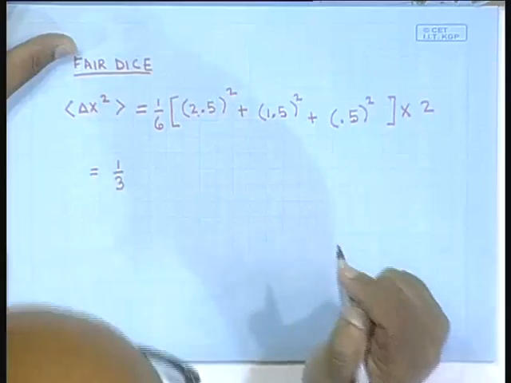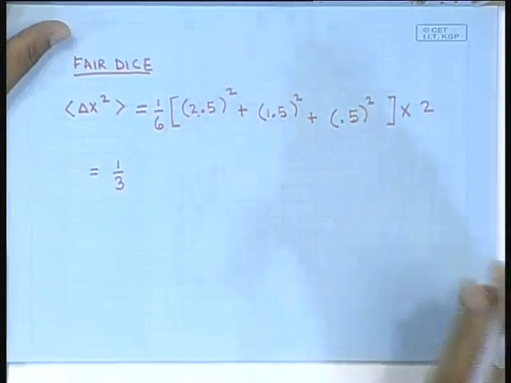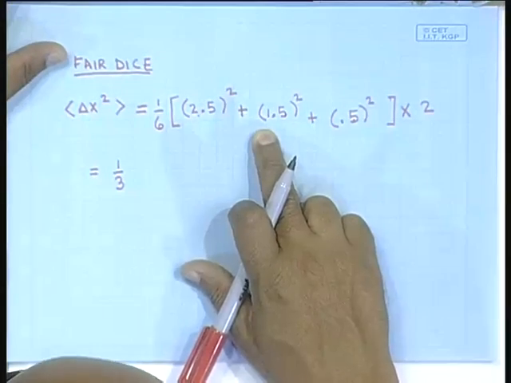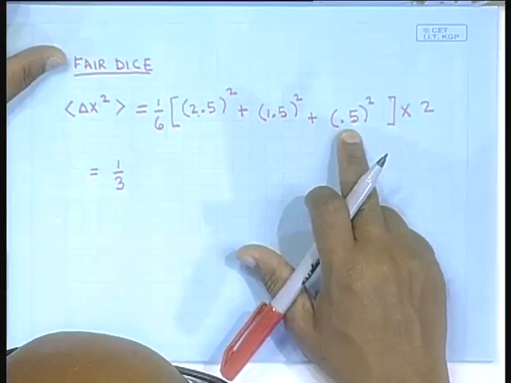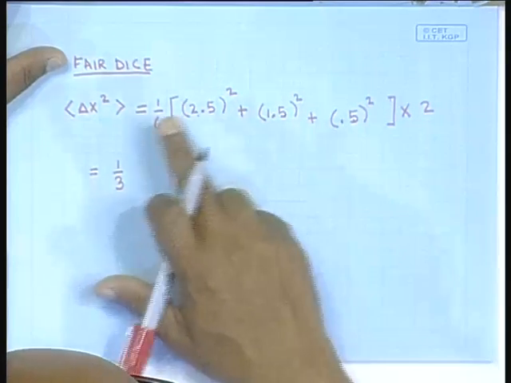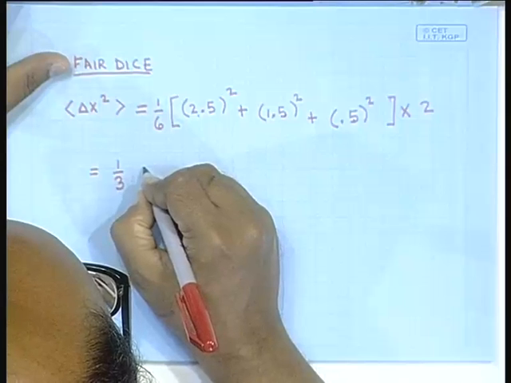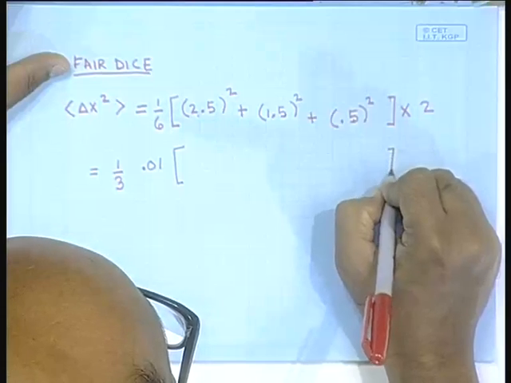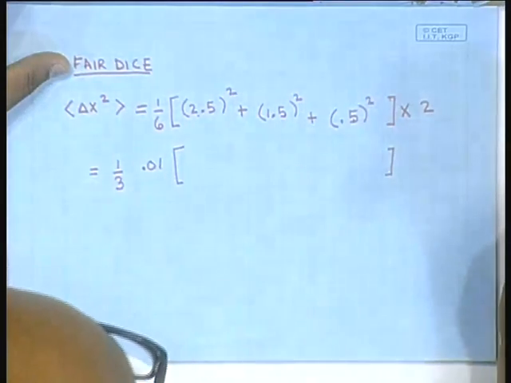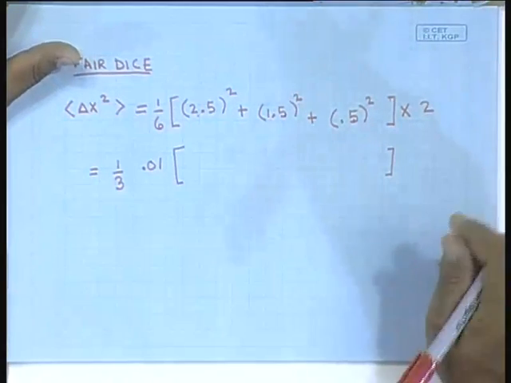So, let us do 2.5 squared, and then you have to calculate 1.5 squared, and here you have to calculate 0.5 squared. We can take 0.1 squared outside, so this is into 0.01 and 25 squared.